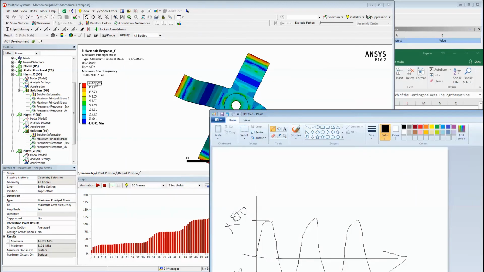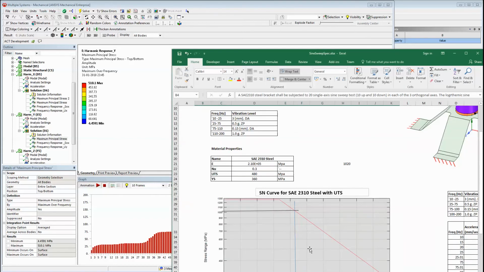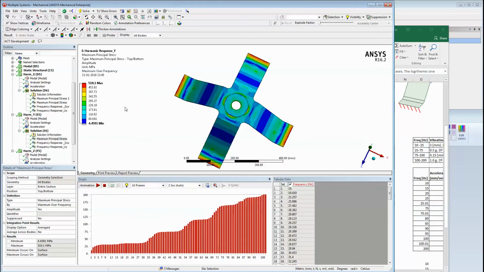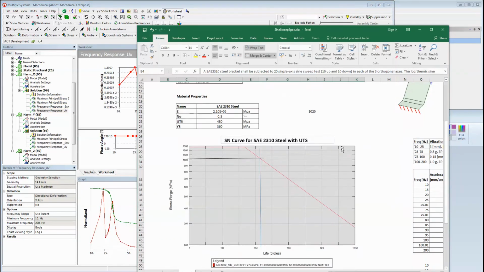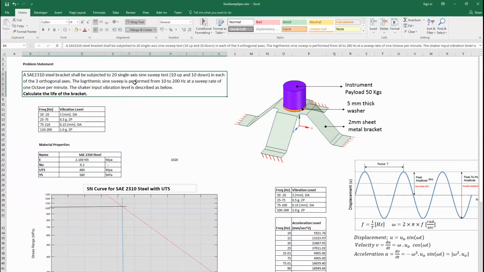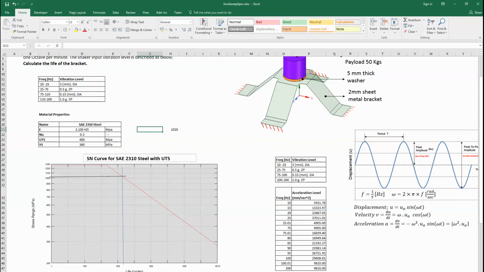If this is one single frequency, you can easily calculate how many cycles are going to happen, then compare with SN curve like this, and you can calculate the damage straight away. But here we are sweeping over the frequencies. It is very difficult to calculate the accumulated damage. So we are going to use the fatigue tool, wherein we will be using the sine sweep cycles and X direction, Y direction, and Z direction, and so on.